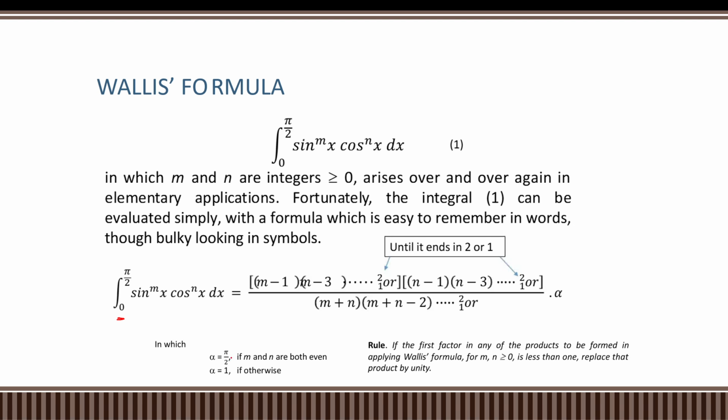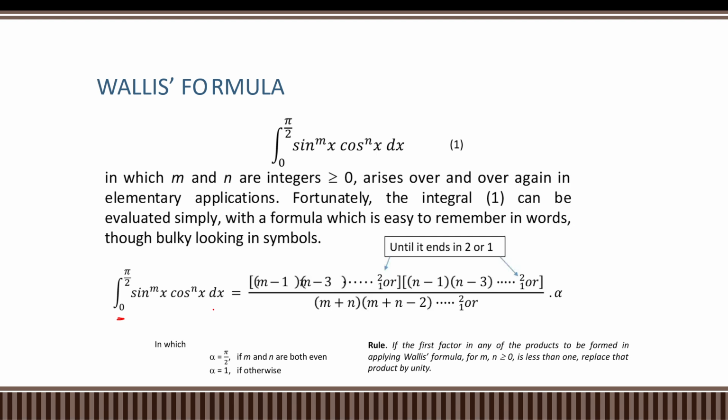Alpha is equal to pi over 2 if m and n are both even, and alpha is equal to 1 otherwise, meaning if either one or both are odd.